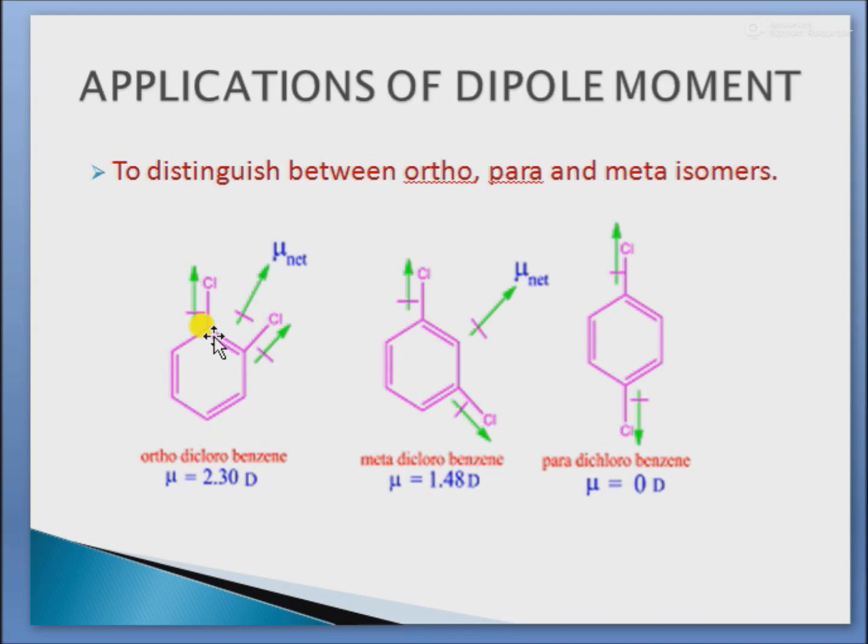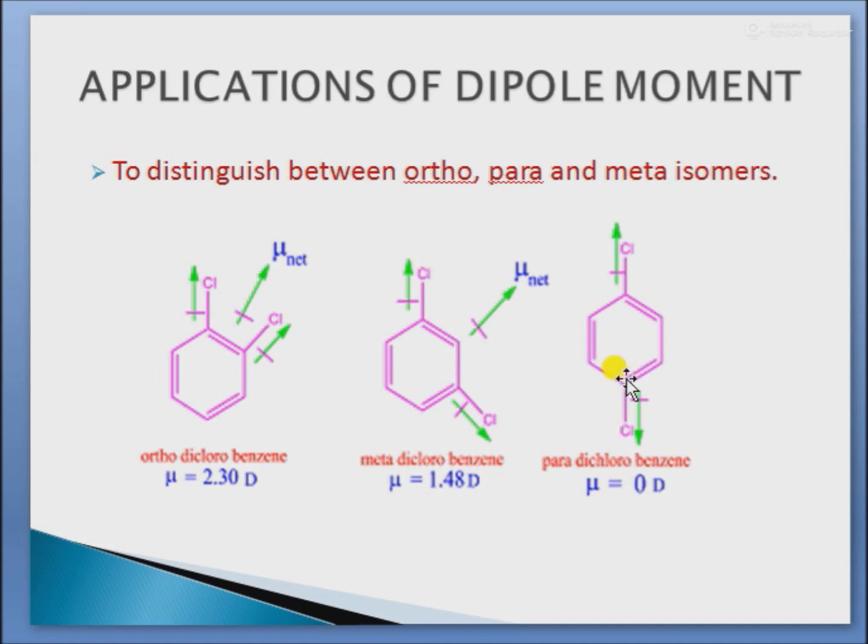When it is attached to 1 and 2 position, this 2 position is called the ortho position, and when it is attached to the third position with respect to this first chlorine atom, then this third position is called the meta position, and the isomer is called meta isomer.